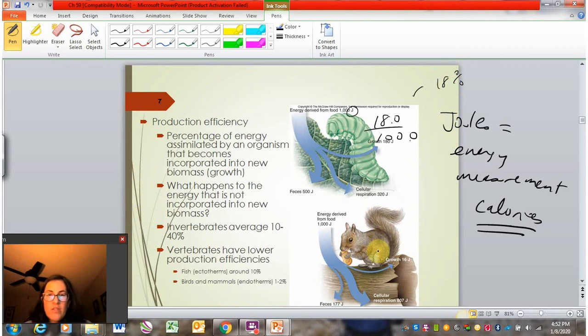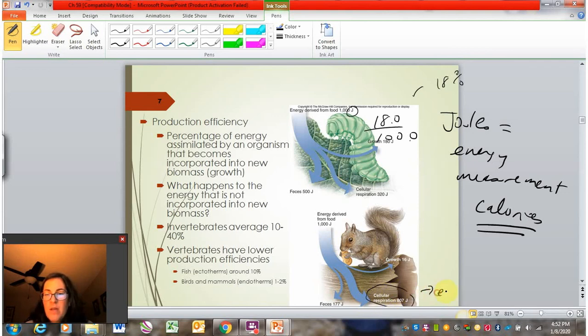If you look at this squirrel, it ate 1,000 joules. It has a much more efficient digestive system. So notice that it loses a lot less in its feces. And the reason why it has to have such an efficient digestive system is because look at how much it loses to cellular respiration. Quite a bit is lost just to do its daily maintenance energy requirements.